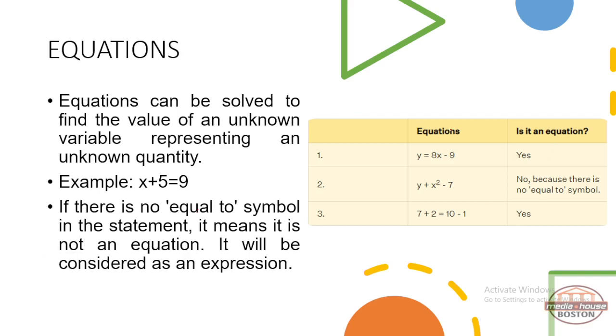So here we've got examples of types of expressions, some of which have been identified as equations, where we've got y equals 8x minus 9, because of the equal sign and the expression 8x minus 9. On this side we've got what we call a constant, or just a value, and then we've got our equal sign in between.